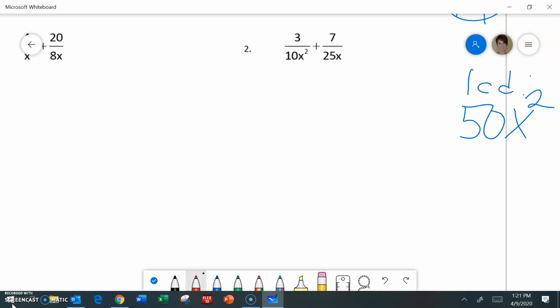Okay, so what I'm going to do is I'm going to multiply this first fraction by 5 over 5. And what that's going to give me is 5 times 10x squared is 50x squared, and 5 times 3 is 15.